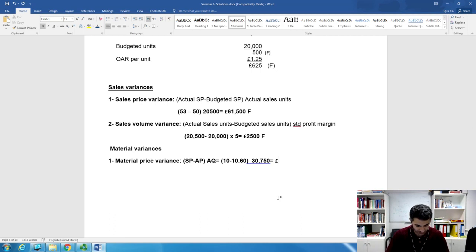So this is 18,450 pounds. And of course it is adverse. Why is it adverse? As you see here, our actual price per kilo is more than the budgeted one, so we paid more. Yeah, this is why it's adverse. Okay, this is the material price variance.